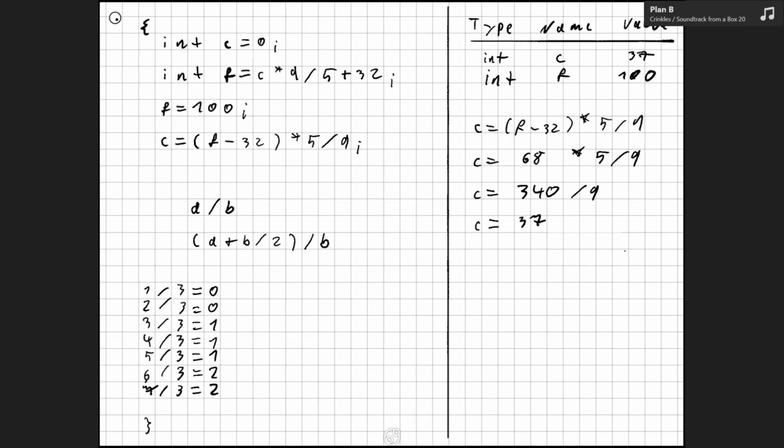Now what we want, if we round towards the nearest integer, would be this: 1 divided by 3 is 0, true, but 2 divided by 3 should be 1 already. 3 divided by 3 should be 1, 4 divided by 3 should be 1, and 5 divided by 3 should be 2 when we round it.